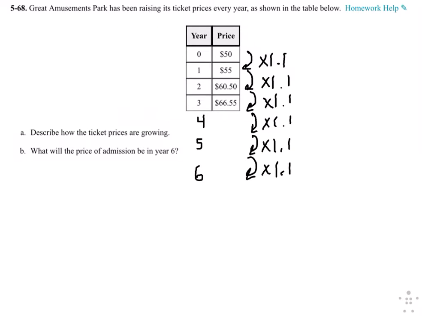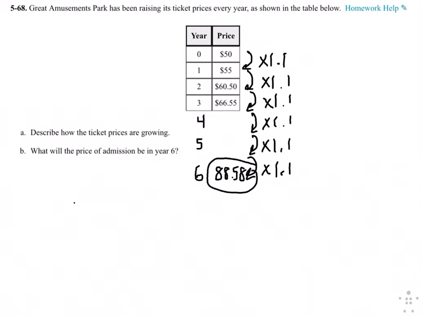So let's do that. 66.55 times 1.1 times 1.1 times 1.1, right? And I get 88.58. I could say this is what it would be in year 6, $88.58.